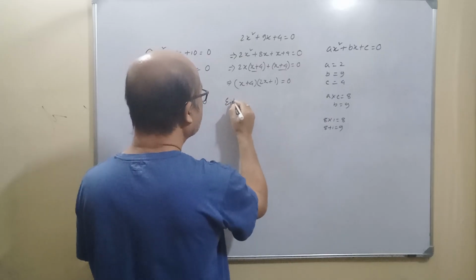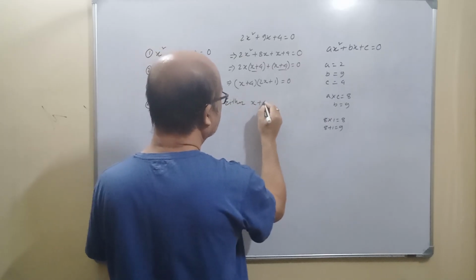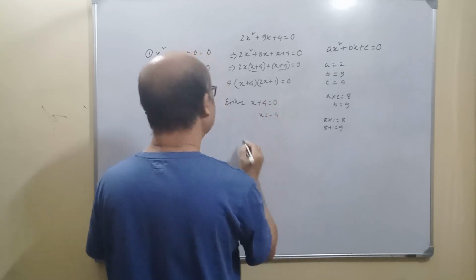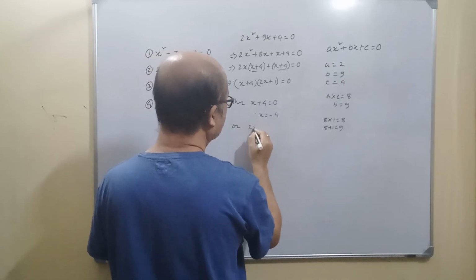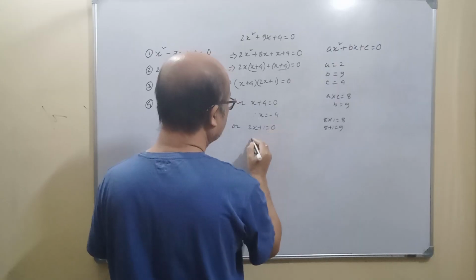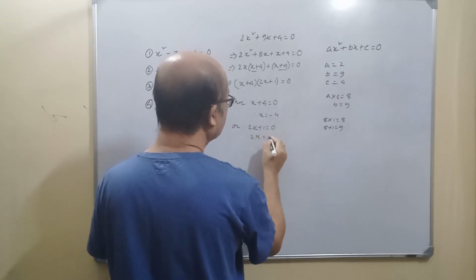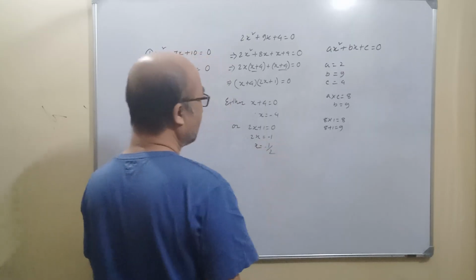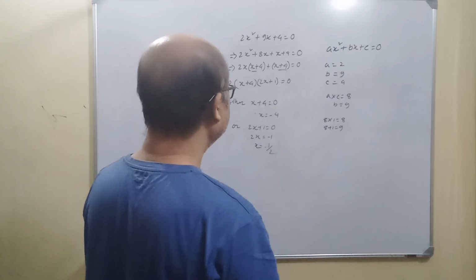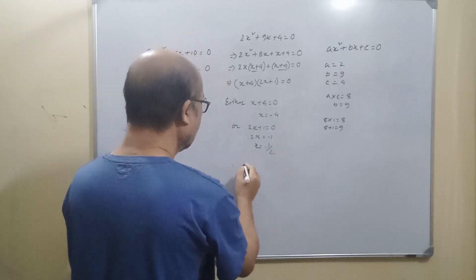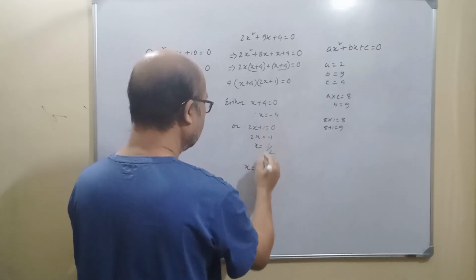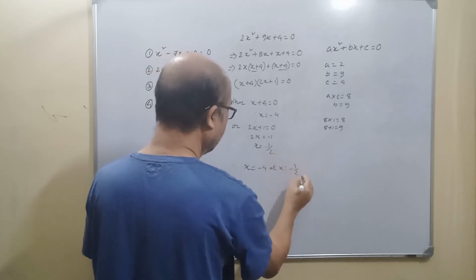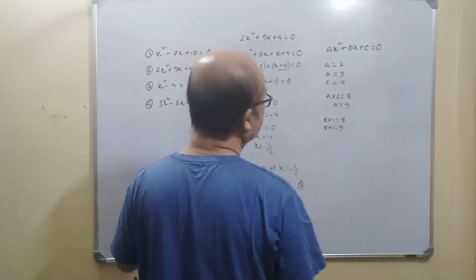Hence either x plus 4 is 0, which means x is equal to minus 4, or 2x plus 1 equal to 0, which means 2x is minus 1, or x is equal to minus 1 by 2. Hence x is either minus 4 or x is equal to minus 1 by 2, and that is your solution.